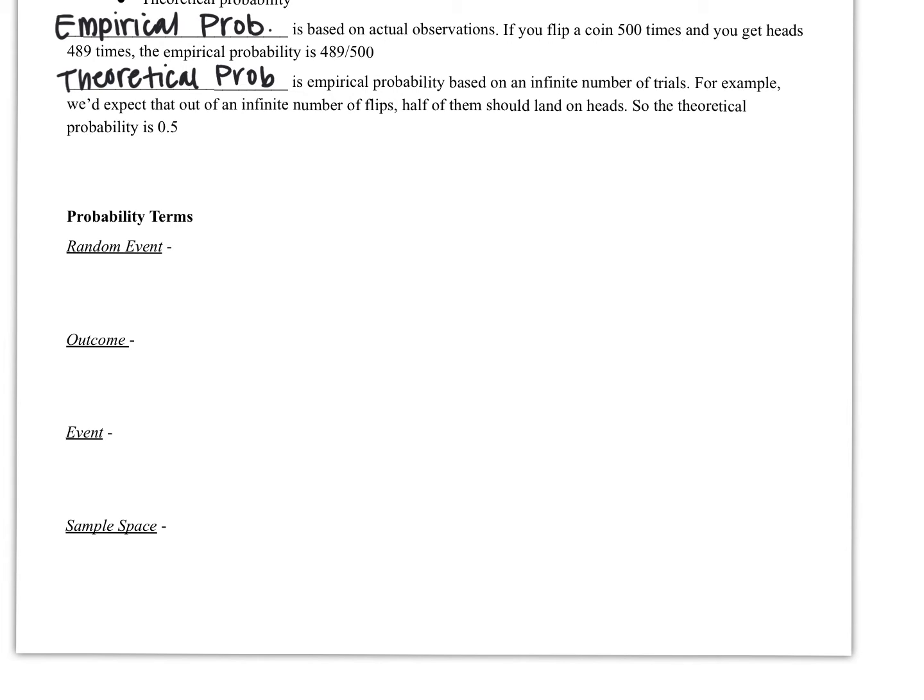So there are 4 key terms that we're going to see a lot when we're discussing probability. The first one is random event. A random event is an activity with a measurable result. Flipping heads could be my random event, a coin landing on heads.